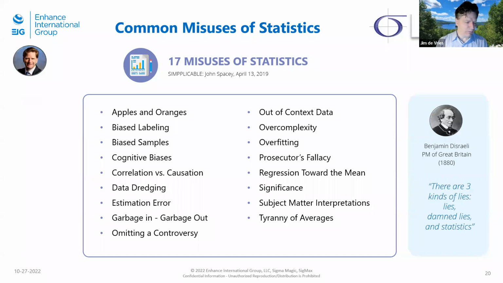And then the second one is what John Spacey put together in 2019. We did cover this last time, but it's very compelling: the 17 misuses of statistics. We're just going to highlight a few of them here and then show you some examples in a few minutes. So you have apples and oranges, comparing things that are not comparable, or using unfair, impractical criteria for comparison.